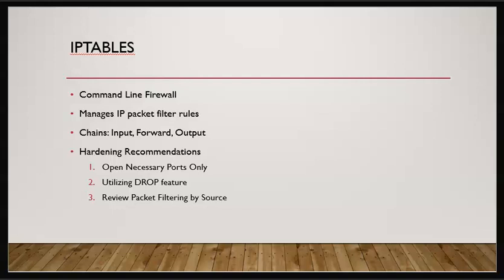IP tables can be configured to review packets based on their source IP address, and based on that, it can either allow, deny, or drop based on the source. We also want to make sure that the drop feature is turned on. So if there is an IP source that shouldn't be connecting, it will drop that connection, just to ensure that there isn't any unwanted access.